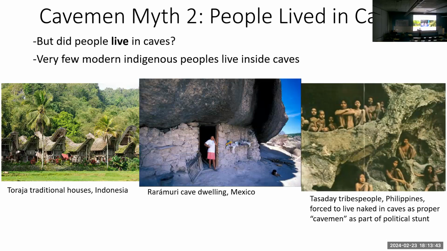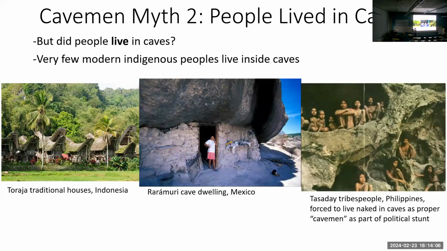But it turns out that was just an elaborate hoax. The dictator of the Philippines wanted control of that land. So he grabbed some honest-to-goodness hunter-gatherer people that lived in the forest nearby, and he forced them to live in these caves naked, to take pictures of them, to pretend that they were cave people. Because that would give them the authority to control that land, to protect them. It was all just a big hoax.